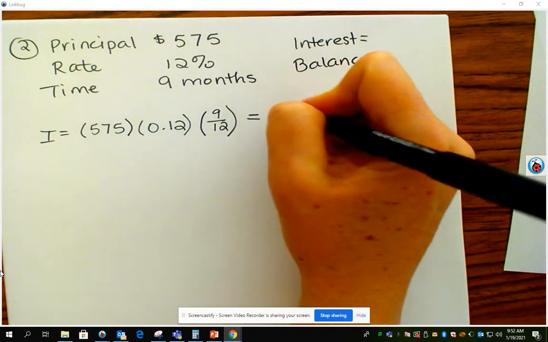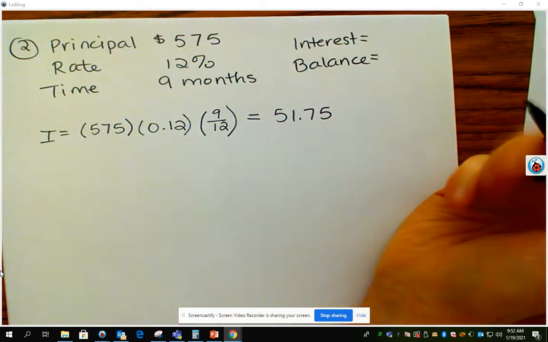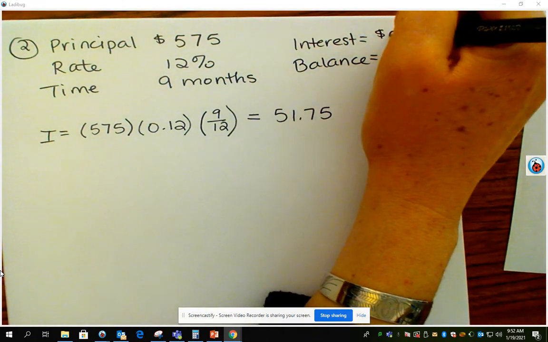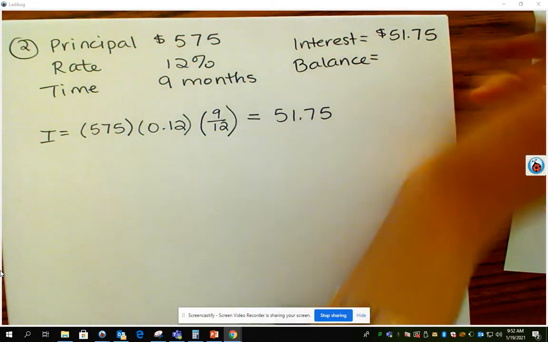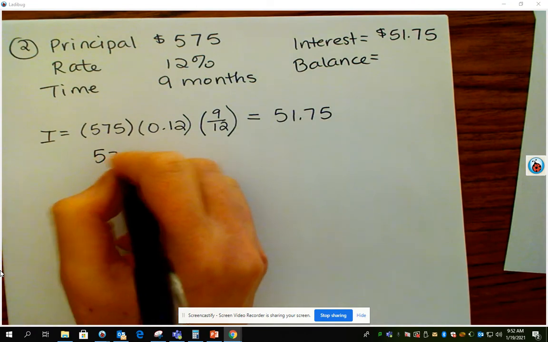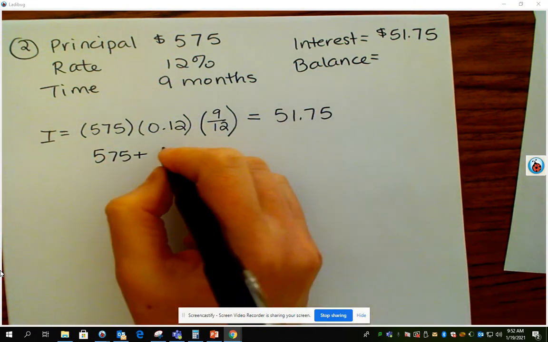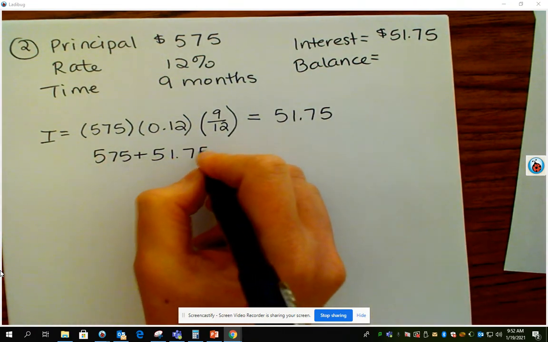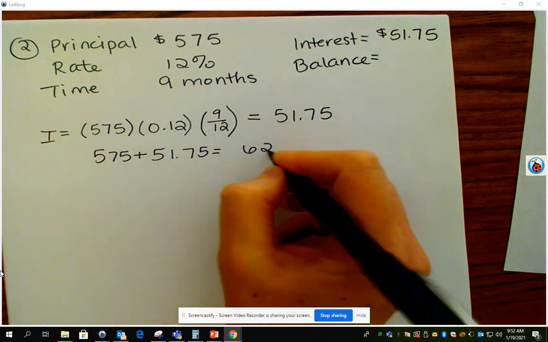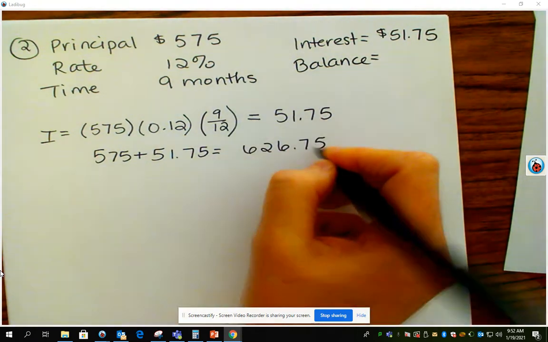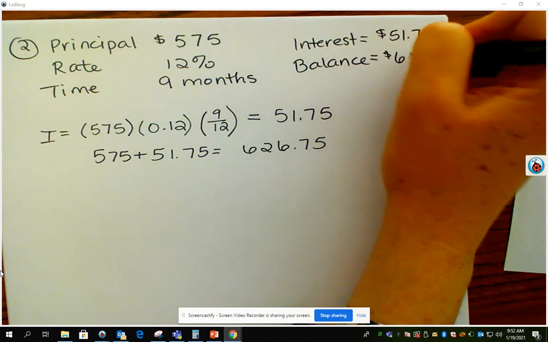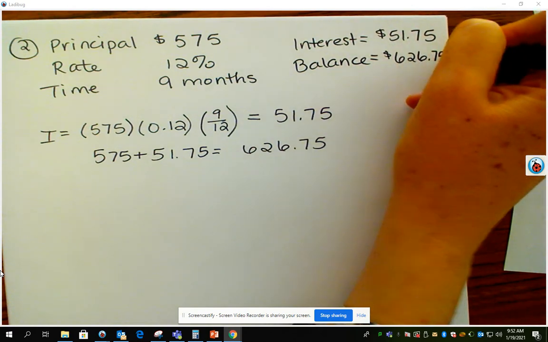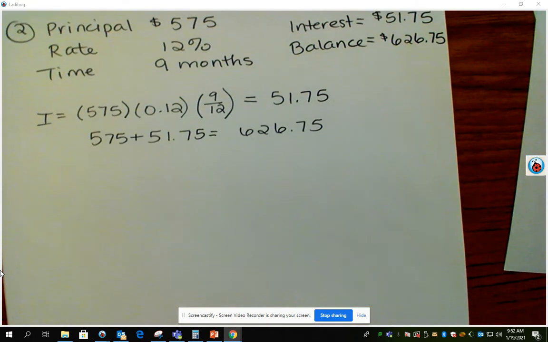You're going to get 51.75. So that's our interest. And then the balance is $575 plus the interest, $51.75. You get $626.75. All right, one more.